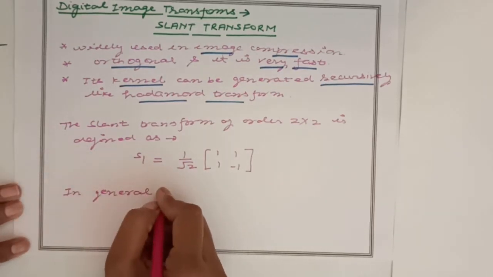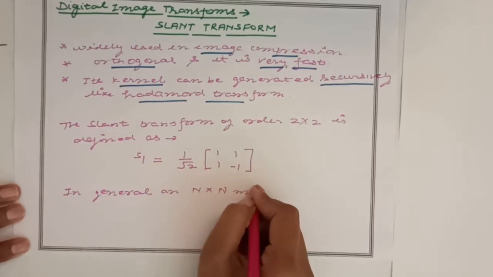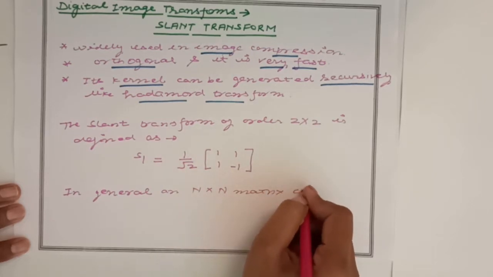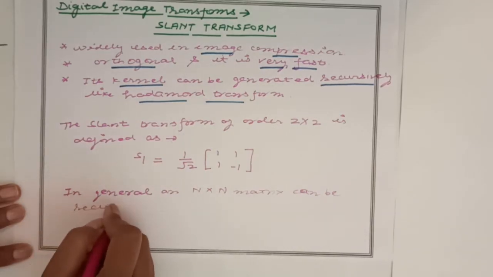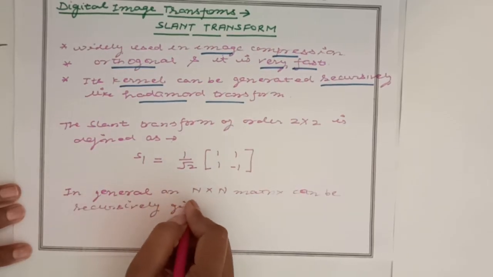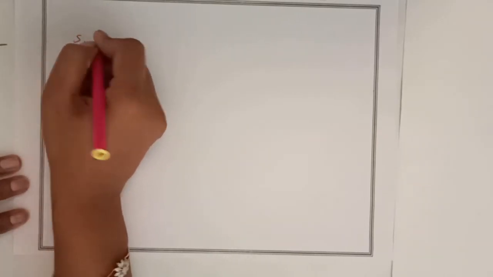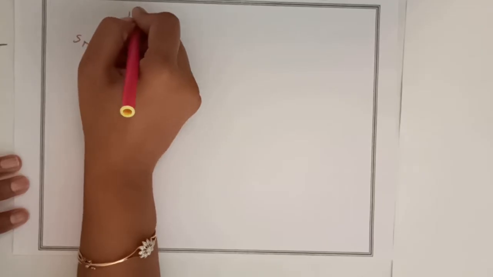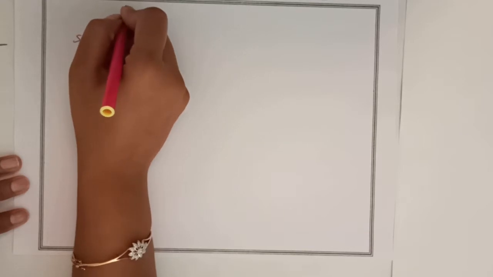In general, an n cross n matrix can be recursively given as Sn. The coefficients will be 1, 0, a of n and b of n.